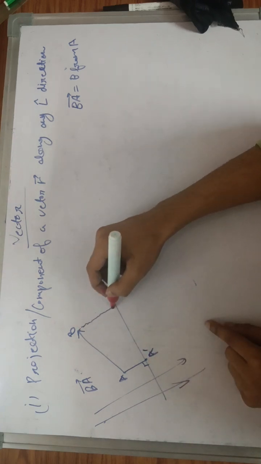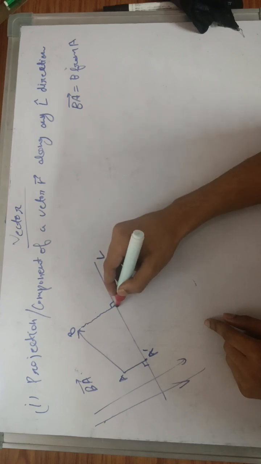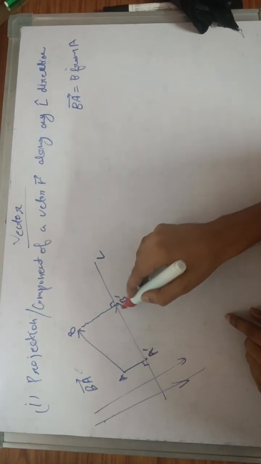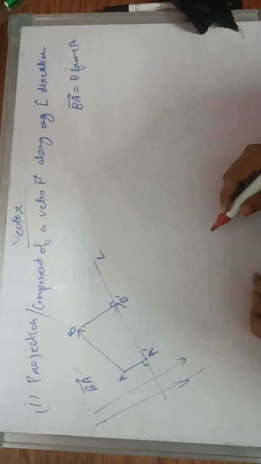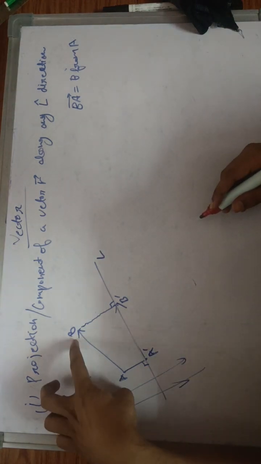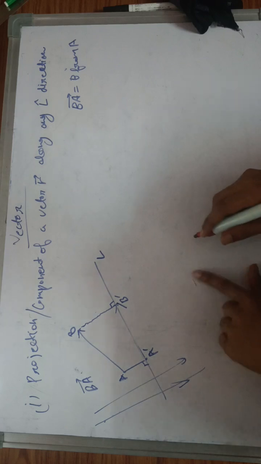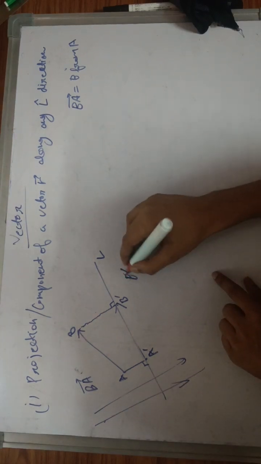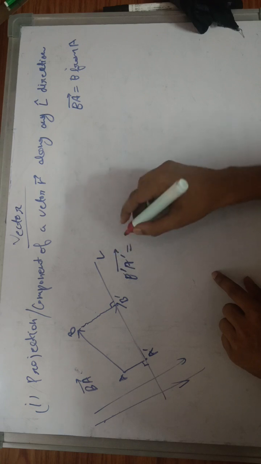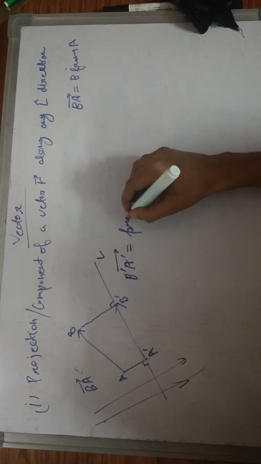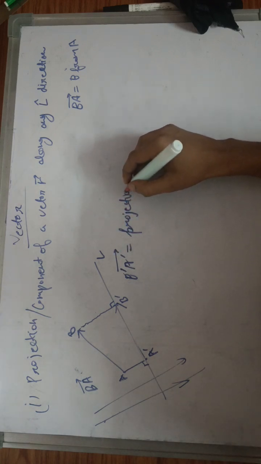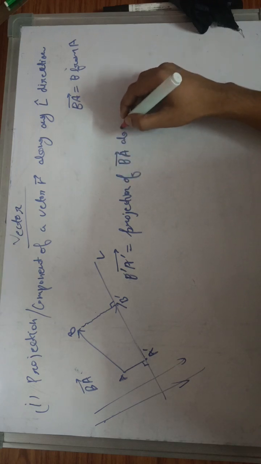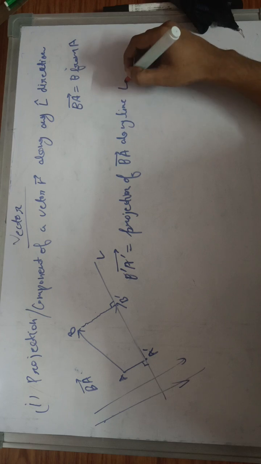Similarly, a ray falls here at 90 degrees. This point is B dash. Then this vector, B dash A dash vector, will be called the projection of BA vector along line L.